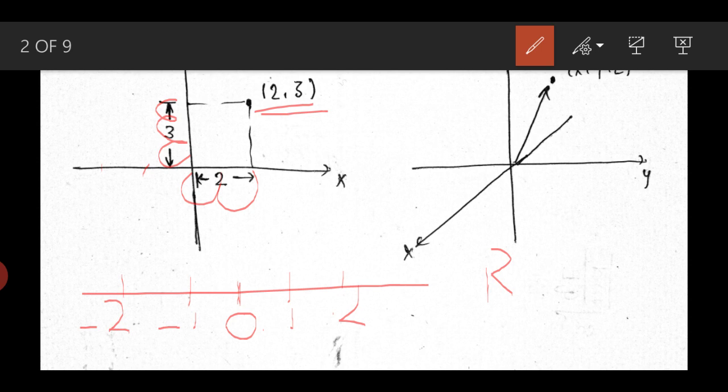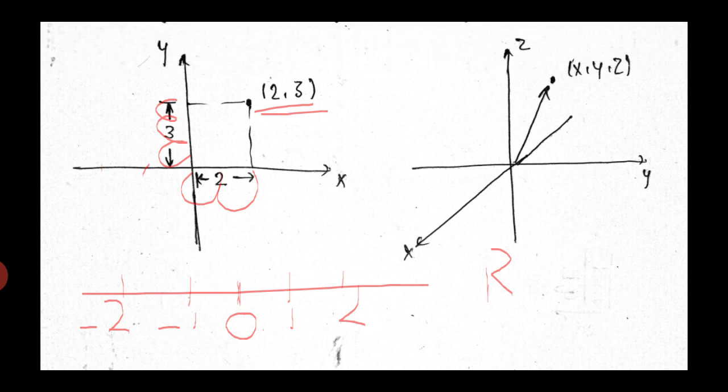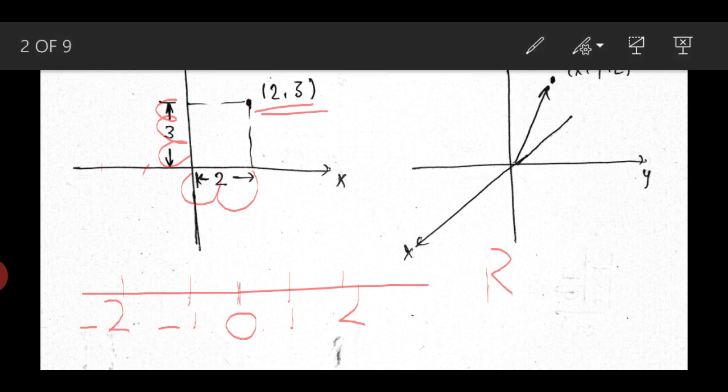This two-dimensional case can be extended to three-dimensional by saying that I have 3 axes, x-axis, y-axis and z-axis, all of them perpendicular to each other, and then a point (x, y, z) can be specified as earlier. x represents the step on the x-axis, y on the y-axis and z on the z-axis.